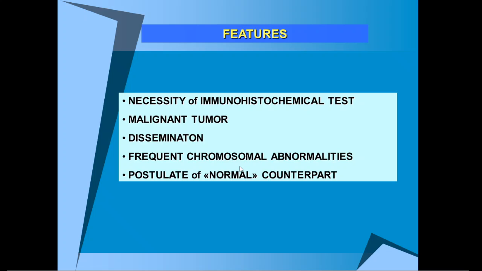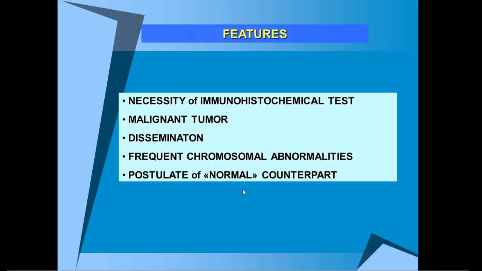Next one is the postulate of normal counterpart. What does it mean? It means that each tumor in the group of hemoblastosis has a normal predecessor, each.